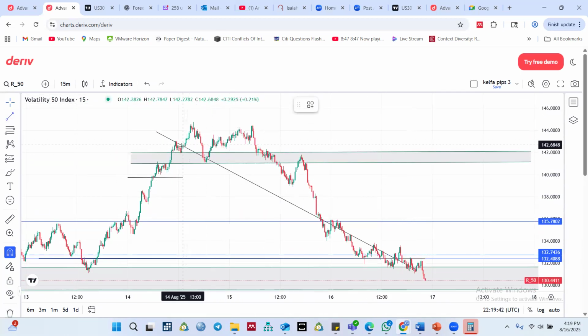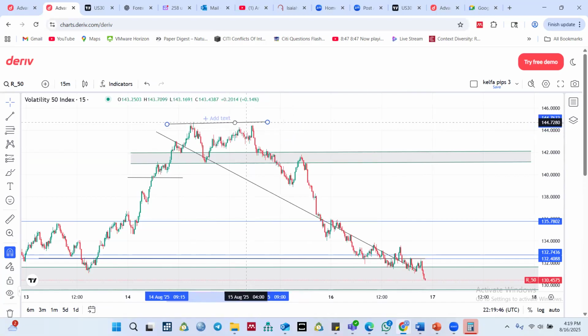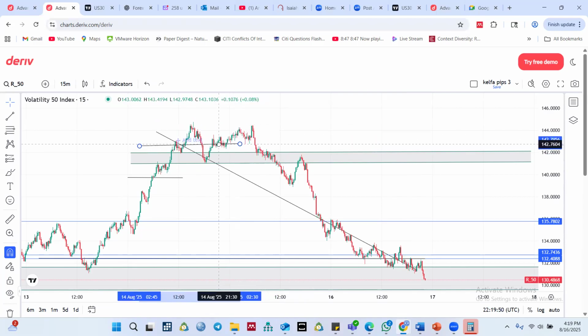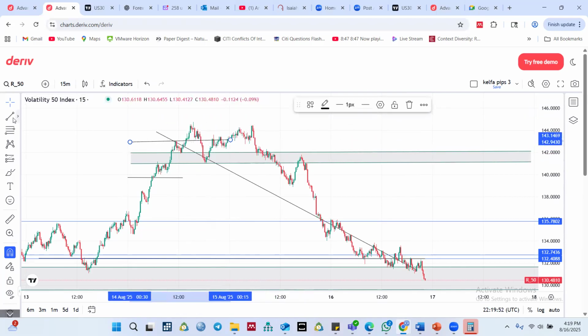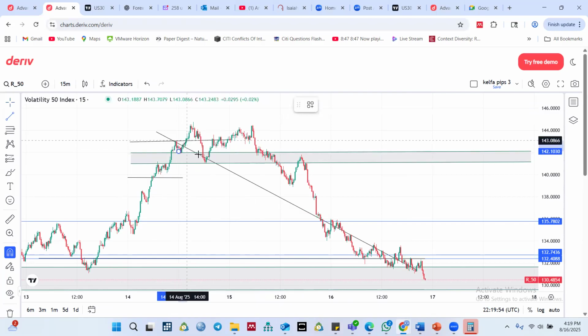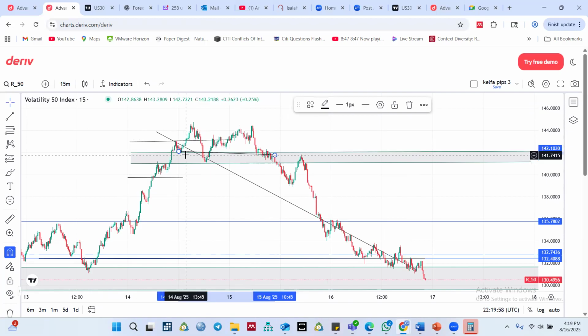We see a high here, relative equal highs here. So this is the formation for price to drop. First there was a low here.